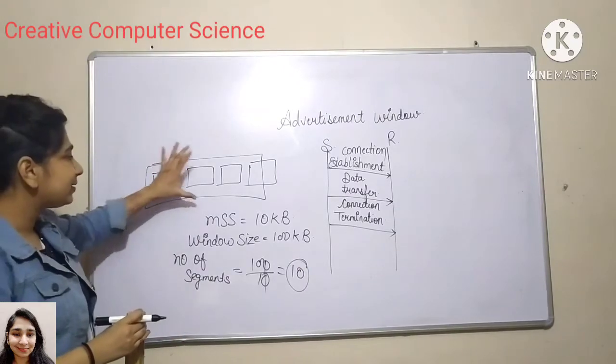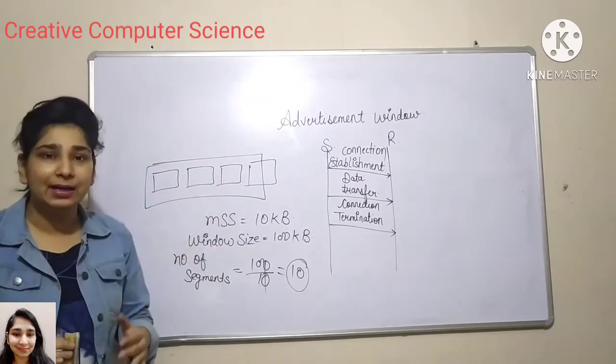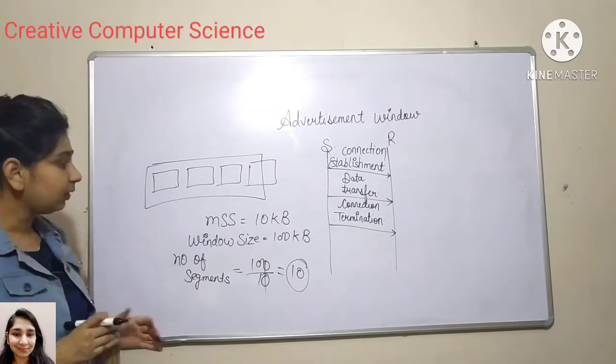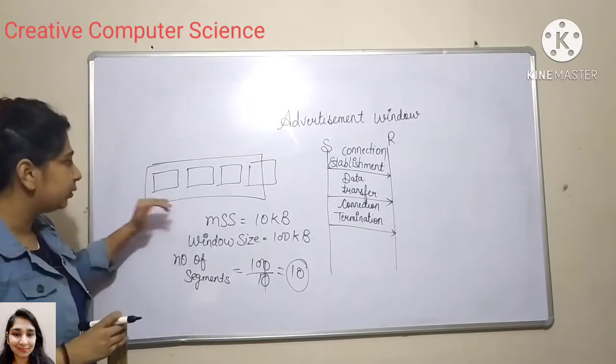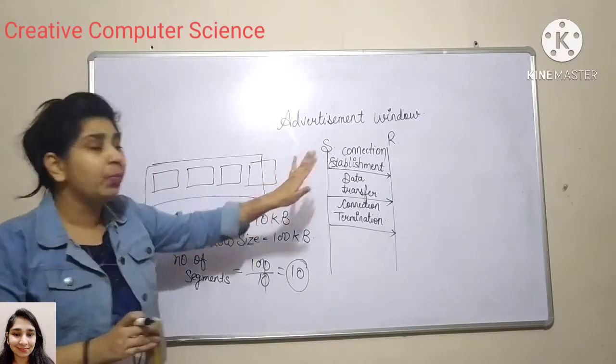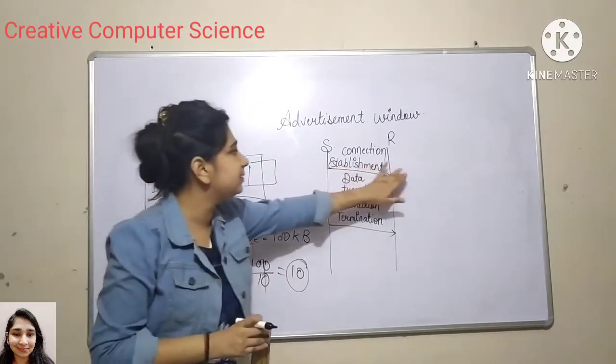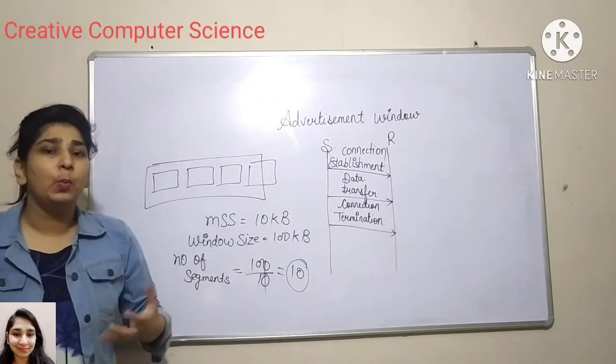So your window is going to store 10 segments. That is our advertisement window size. Both your sender and receiver have some window size.